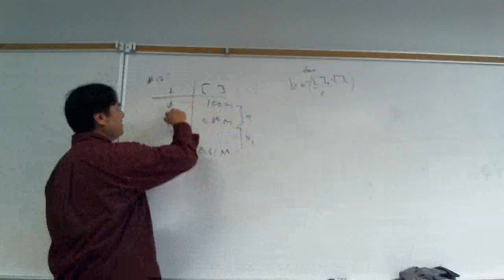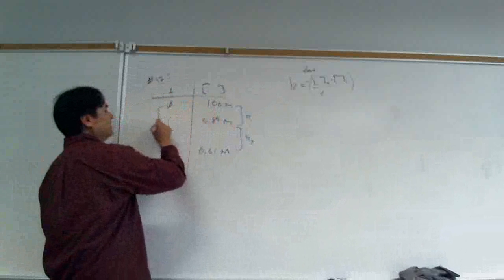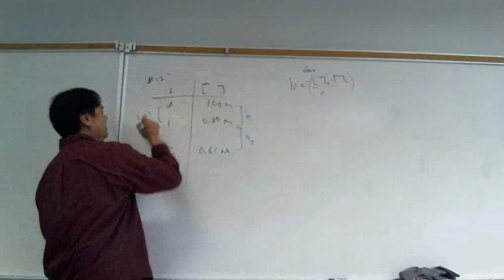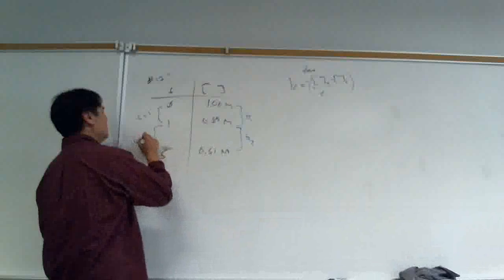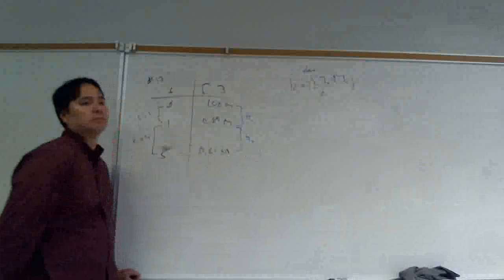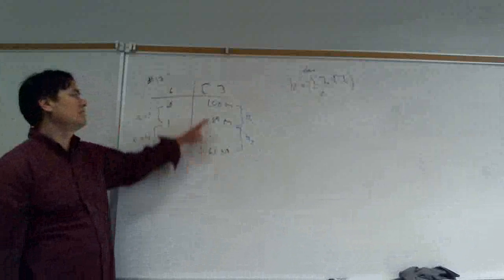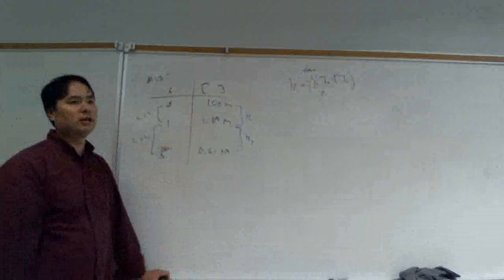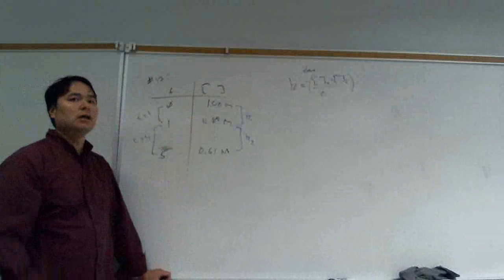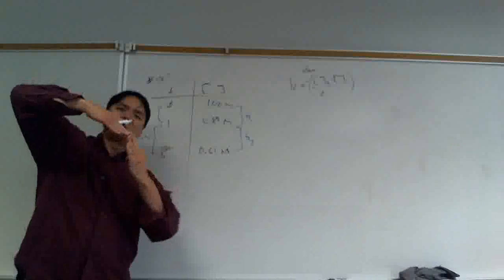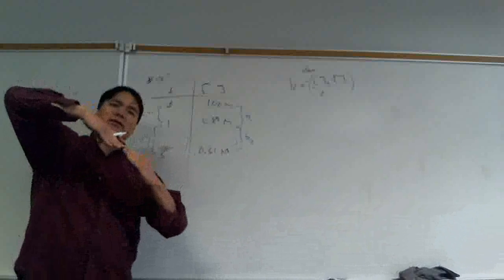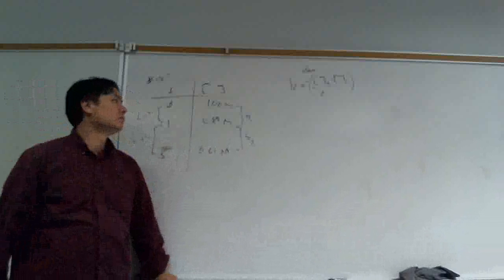So the time segment here is 1. The time segment here is 4. So this is just like calculating delta y over delta x. If it's a straight line, then the percent difference between those two should be close to 0.